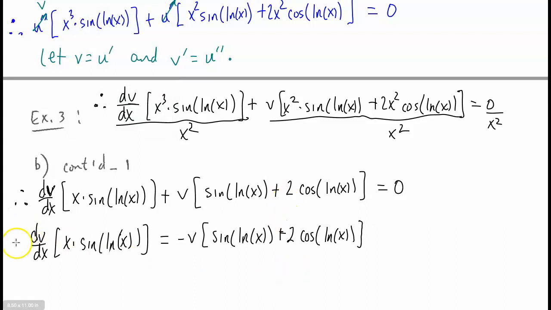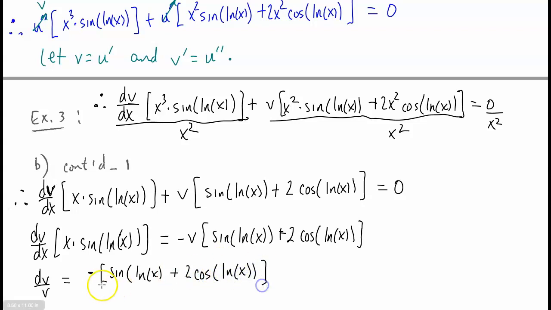And so now here, if we rearrange, we'll have dv over v. And on this side here, we will have a minus sine of natural log of x plus 2 cosine of natural log of x, all of that divided by this x times sine of natural log of x. Okay.